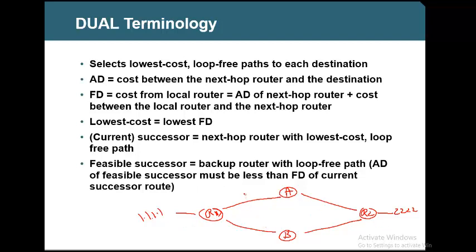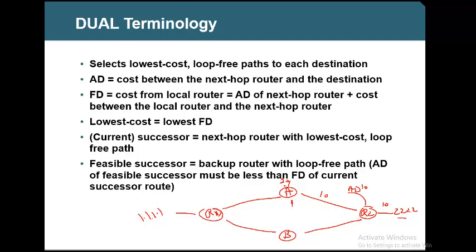So in order to go to 2.2.2.2, you have two paths. Let's say the metric for R2 to reach 2.2.2.2 is 10. For A, R2 is saying, hey, 10 is the metric to 2.2.2.2. That is what is called advertised distance. R2 is advertising 10, and A says, okay, then for me it is 20, because here it is 10. So for A, the FD is 20.